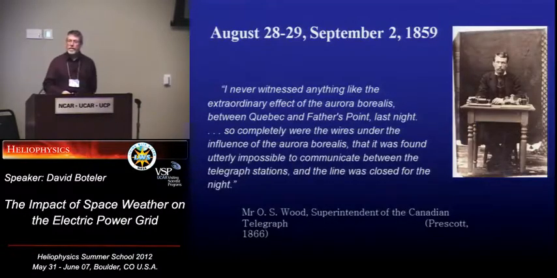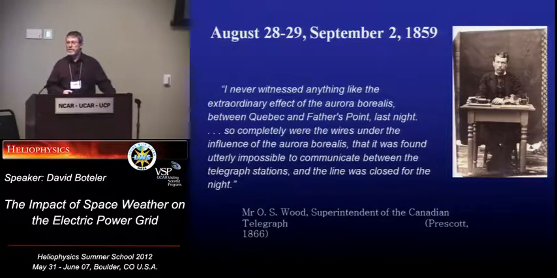Of course, the event you've all heard about is the Carrington event of 1859. There were lots of auroral displays then, so it was very much reported in the newspapers. But then there were lots of reports of problems on the telegraph system. And to give you a feeling for how significant the telegraph system was at that time, it's been described as the Victorian internet.